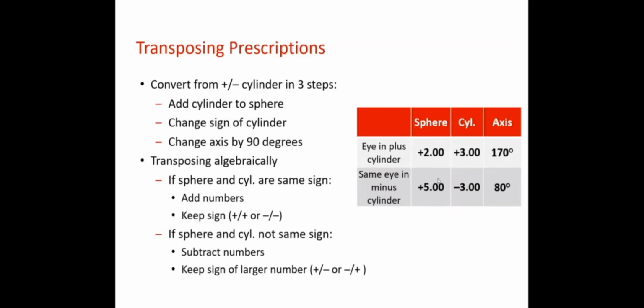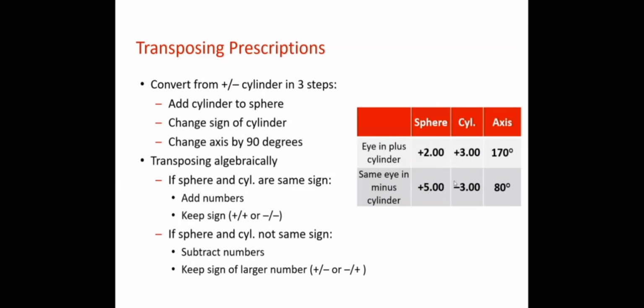So if you want to go from the prescription at the bottom to the prescription at the top, you do the same method of transposition, right? Add the sphere to the cylinder, so +5 minus 3, add that together, that becomes +2, right?